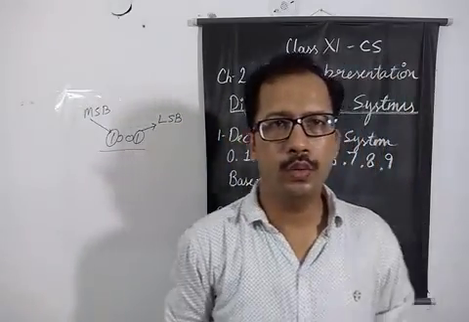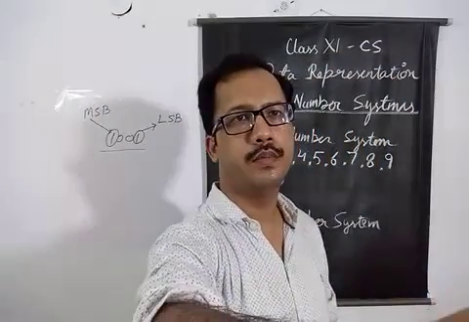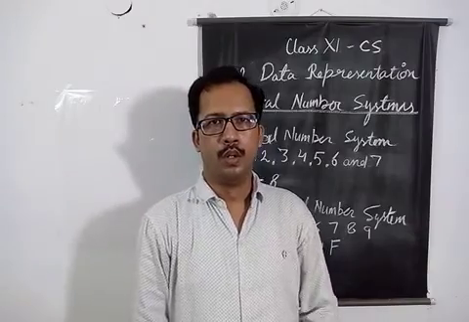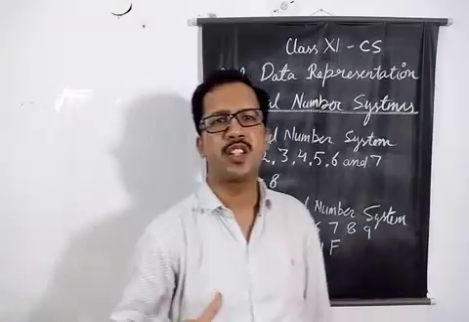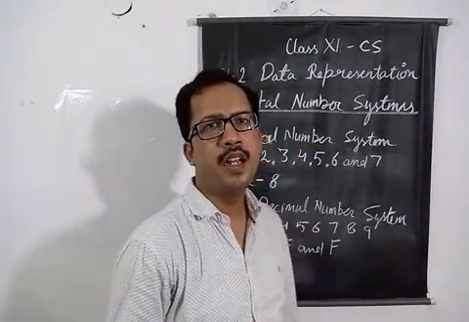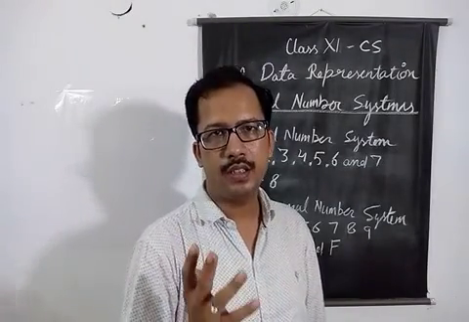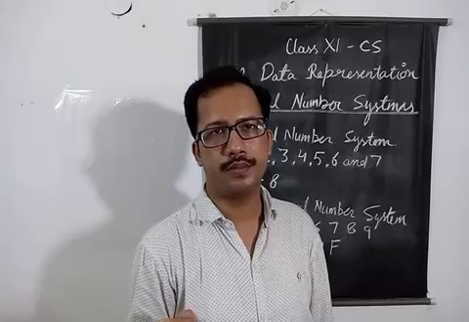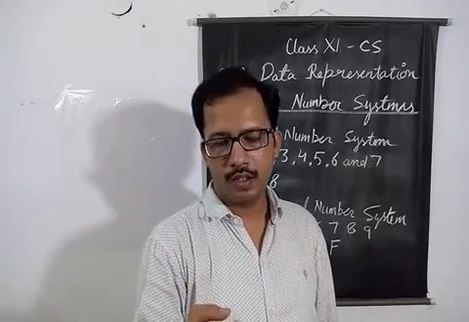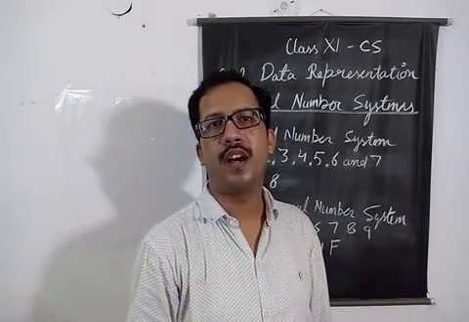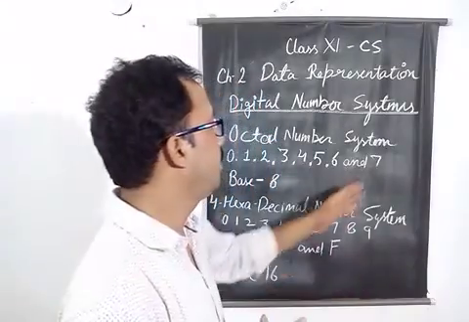Now I will tell you about the octal number system. The octal number system has a base of 8. Base 8 means the number system consists of 8 unique digit symbols. These are 0, 1, 2, 3, 4, 5, 6 and 7.